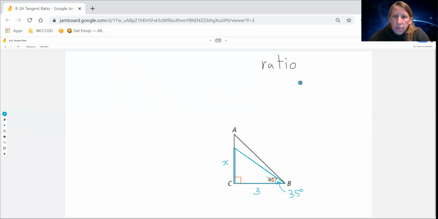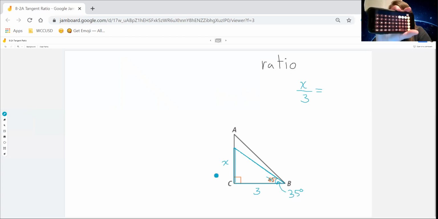So if I was going to try to find X over 3, is that going to equal 1? No. Is it going to be more than 1 or less than 1? We know that this answer is going to be less than 1. One thing we can do is use our calculators and see what the tangent of a 35-degree angle is.